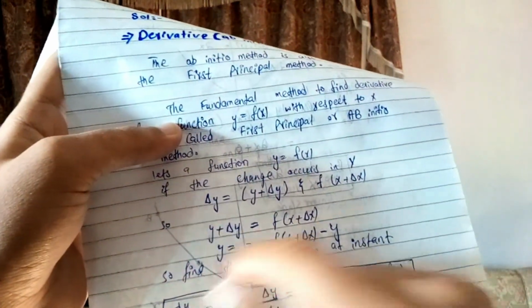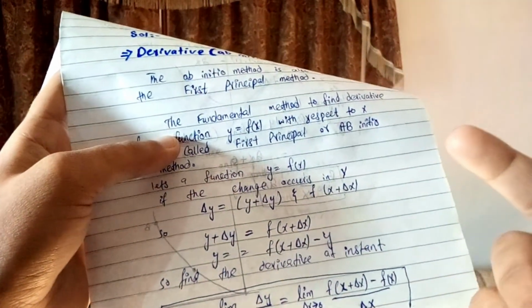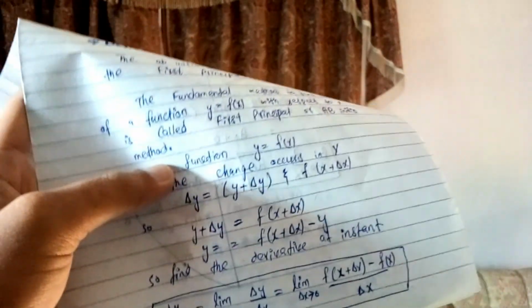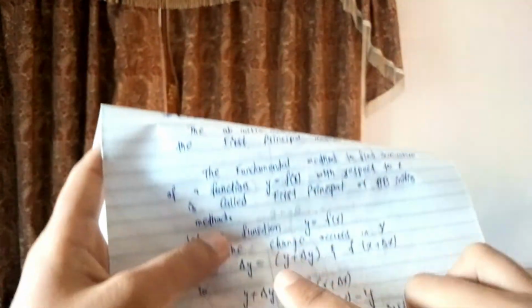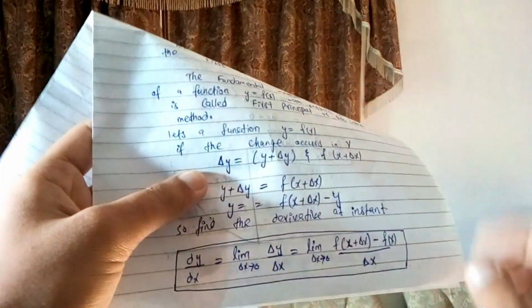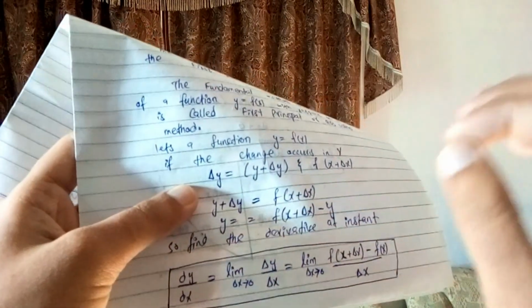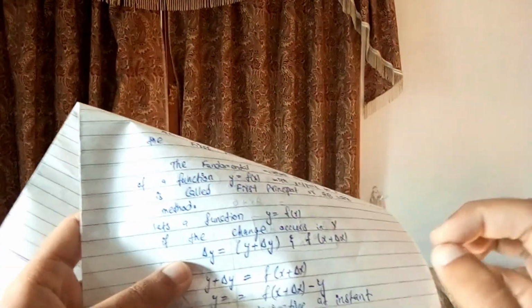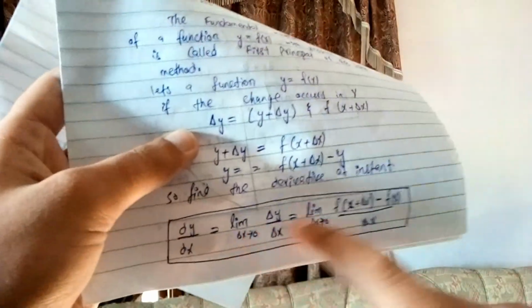Let's say, as in the example before, y is time and x is speed, so both are changing. So we will say that y becomes y plus delta y and x becomes x plus delta x. Then we will apply the first derivative, and then we will apply the limit.